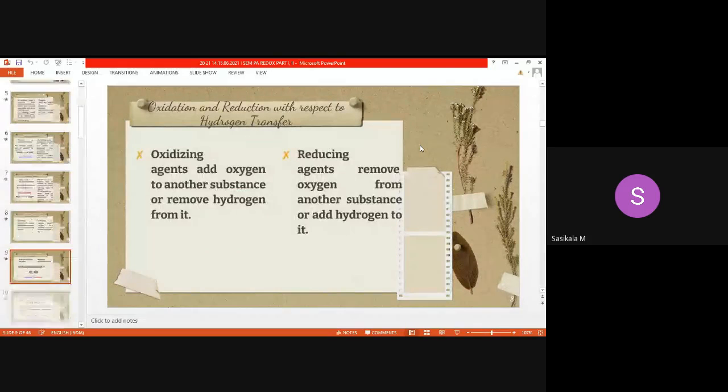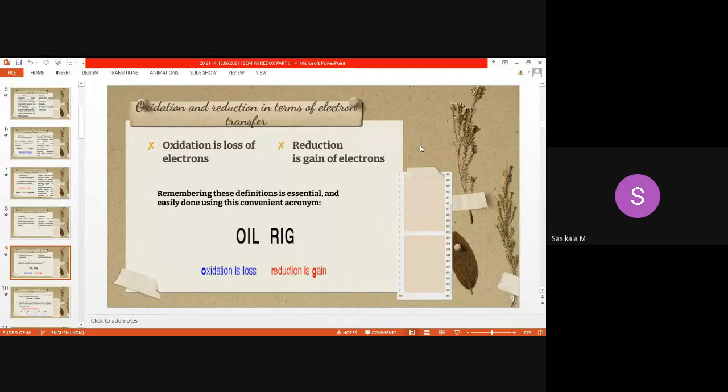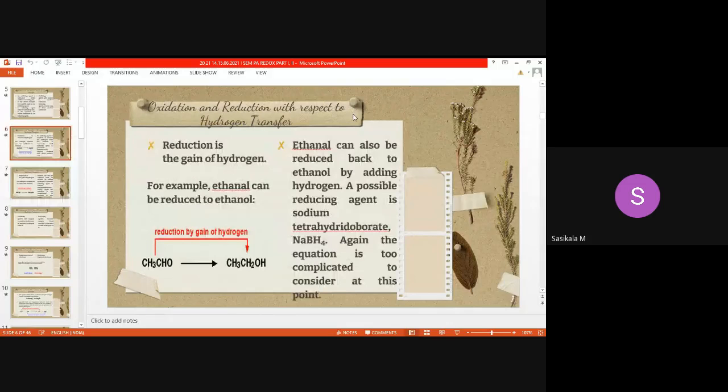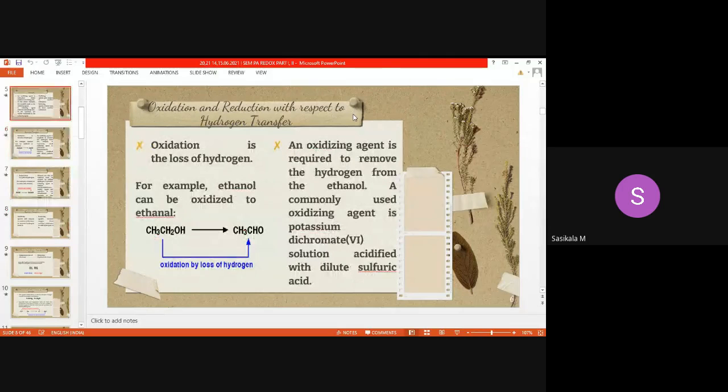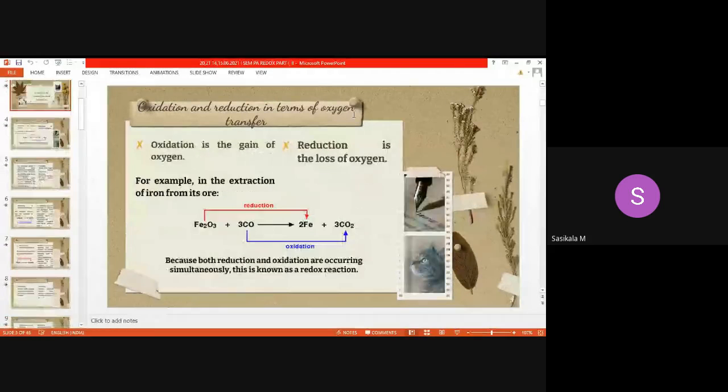And the third one is the electronic concept of oxidation and reduction, that is, oxidation and reduction in terms of electron transfer. So there are three kinds of concepts to explain the oxidation and reduction process.